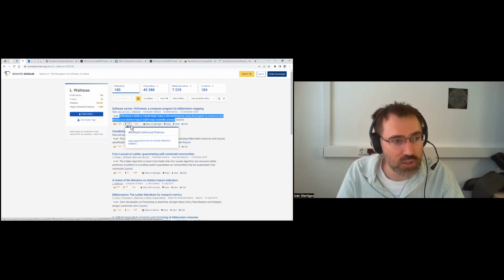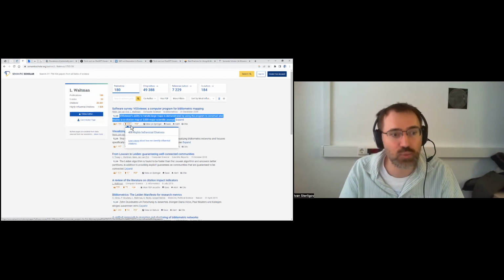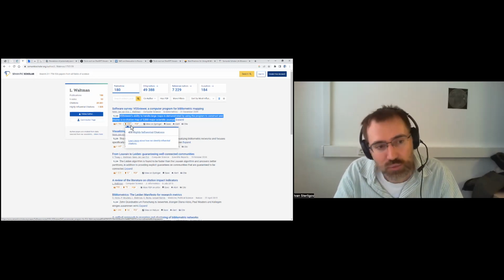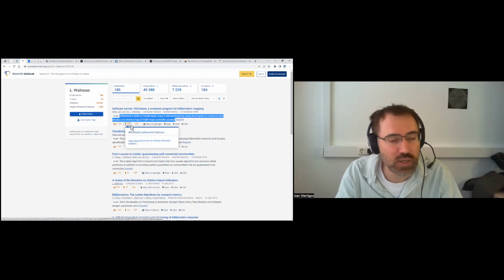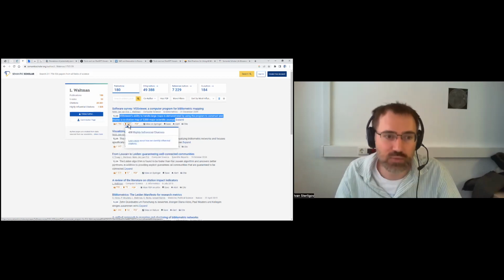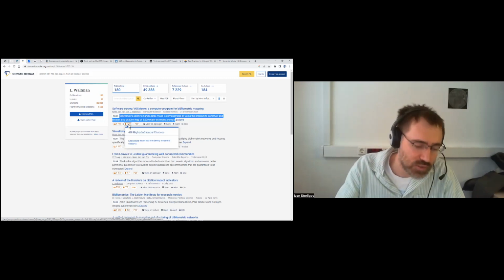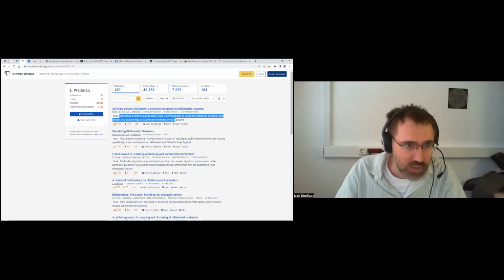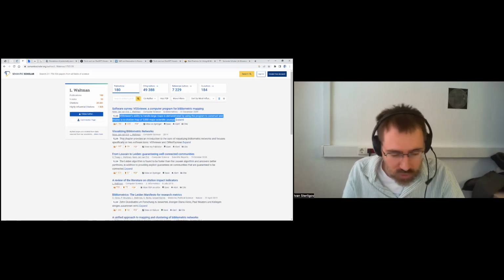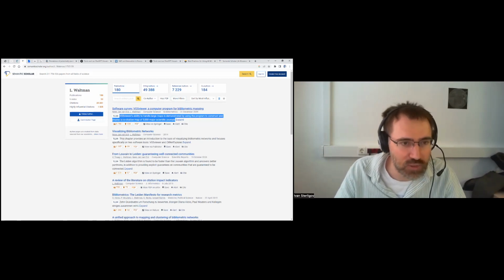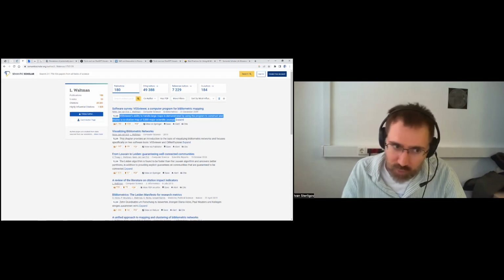So this database, which serves as the backbone of several other tools, classifies citations into regular ones and highly influential. This means that the paper that cited this paper cited it in a way that meant this particular paper was really important for the paper that cited it.